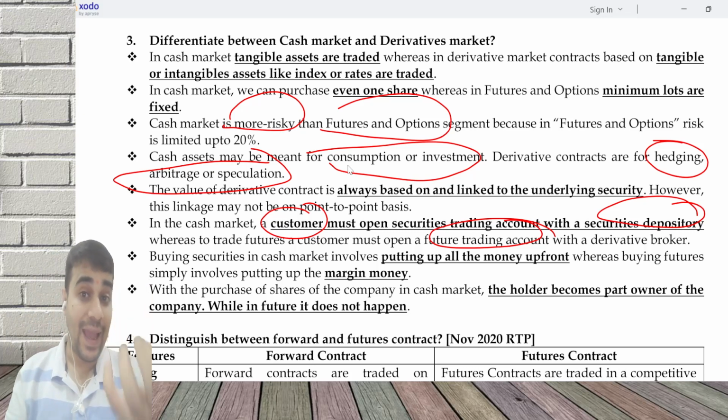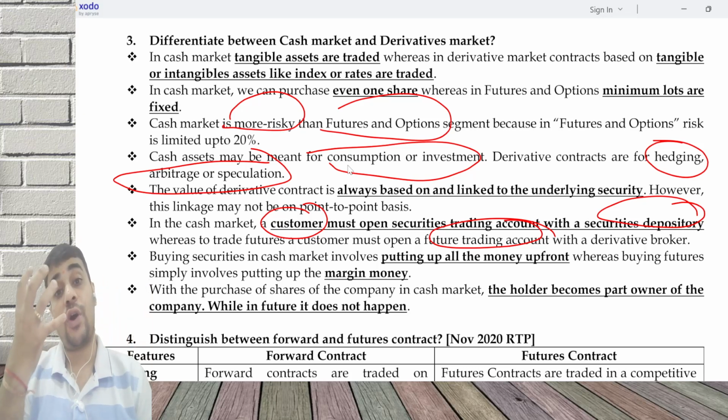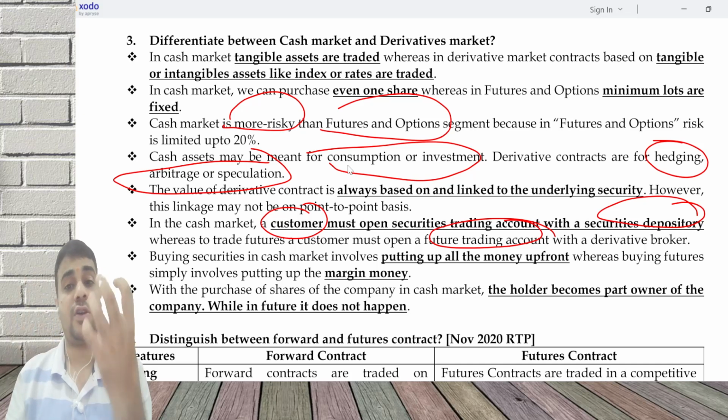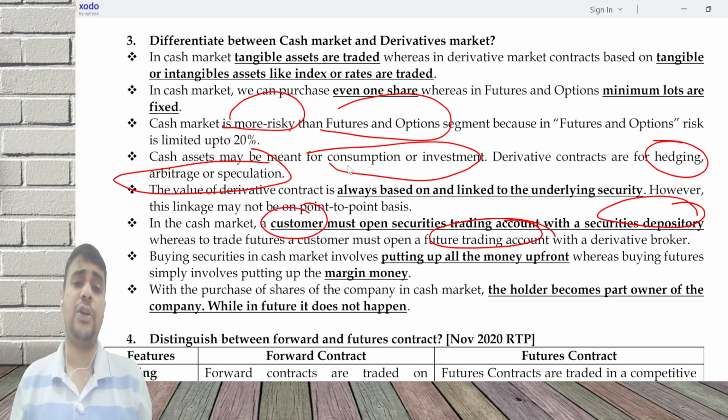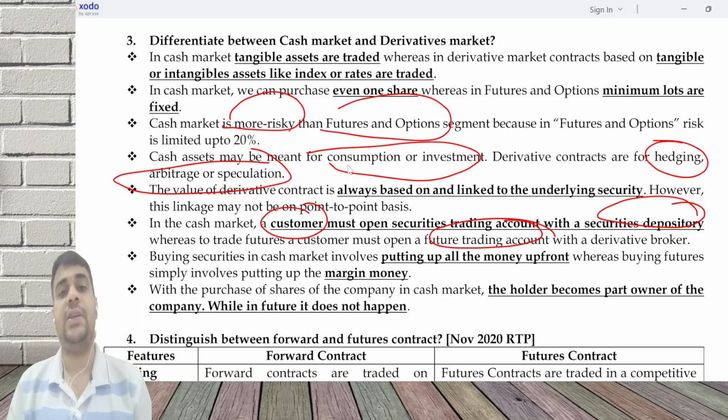Forward contract can be customized, futures contract is standardized. Because of this, in futures contract we see two issues. One is you will not be able to hedge the entire amount, because the number of contracts comes in decimals. The other challenge, not relevant to the difference, is that the price on the last day may not match, that is the futures price and the spot price.